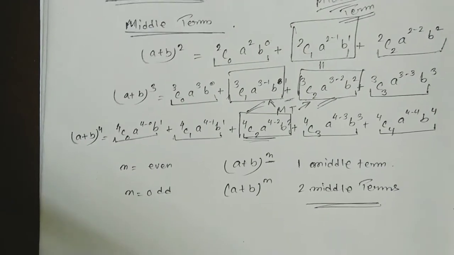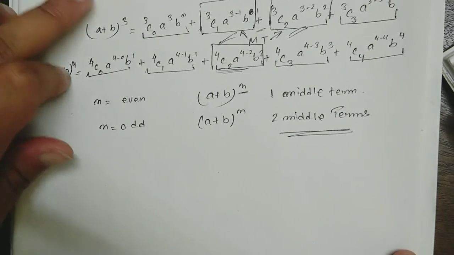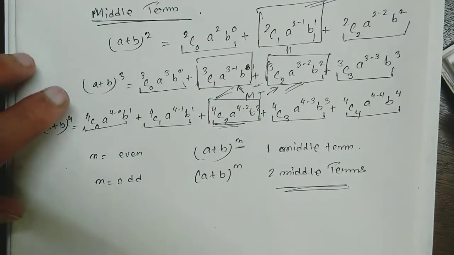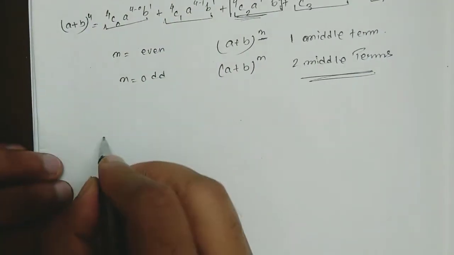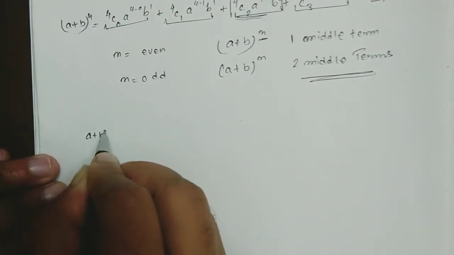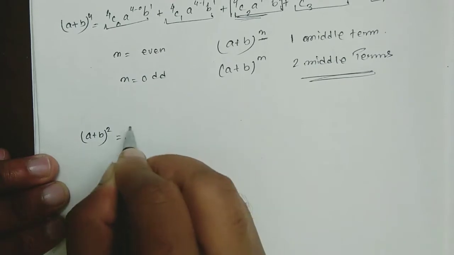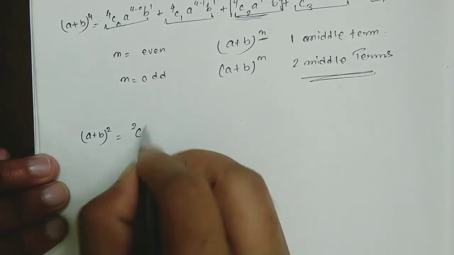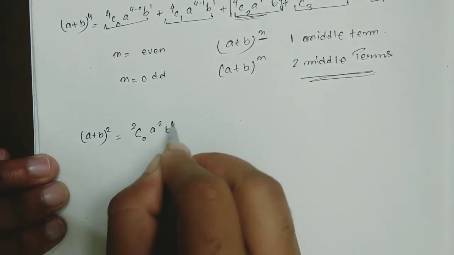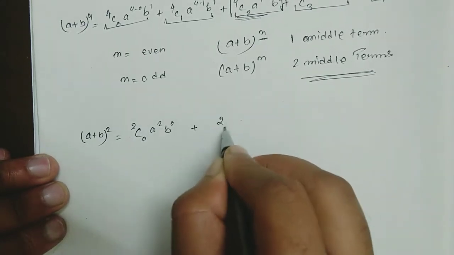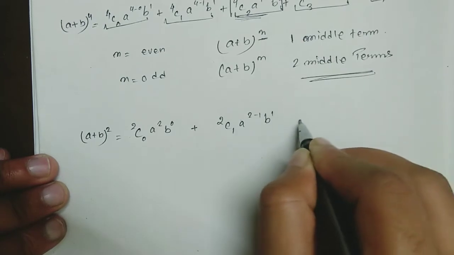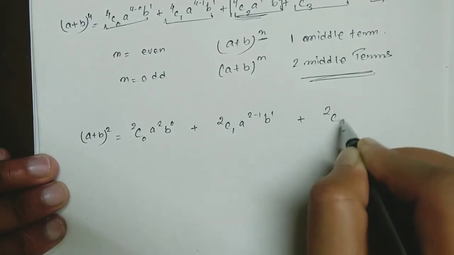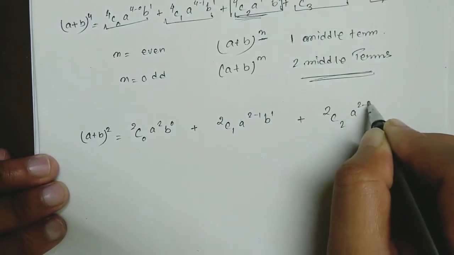So let's try to understand how to figure out the middle term if n is odd or even. Let's take for example these two, (a plus b) whole square and (a plus b) to the power 4, and rewrite them again. (a plus b) whole square equals twice c0 a square b0 plus 2c1 a^(2 minus 1) b1 plus 2c2 a^(2 minus 2).